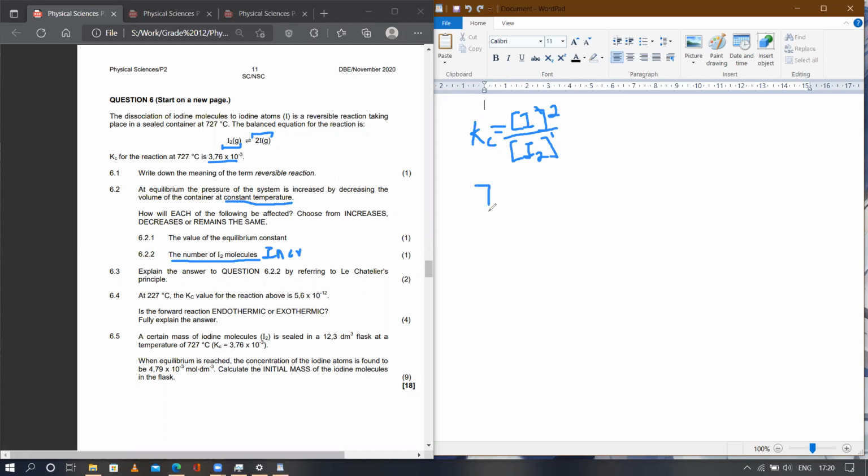So at 727 degrees Celsius as compared to 227 degrees Celsius, the Kc went from 3.76 times 10 to the exponent negative 3 all the way to 5.6 times 10 to the exponent negative 12.